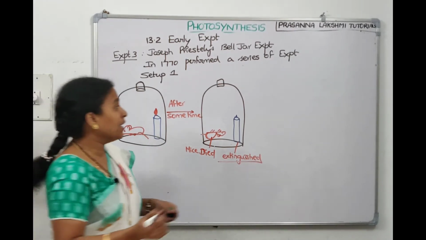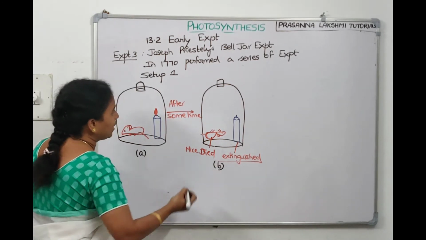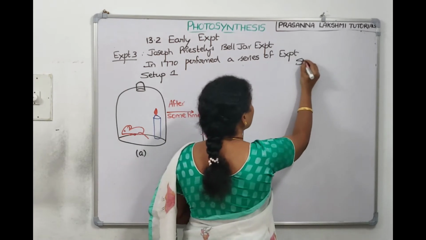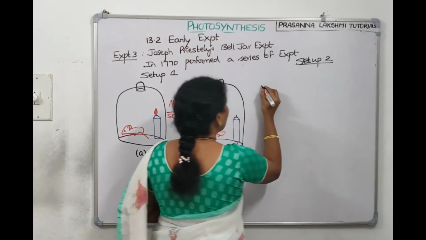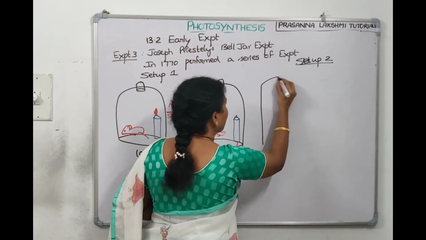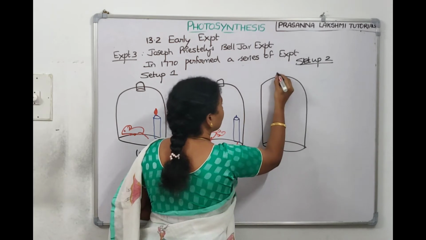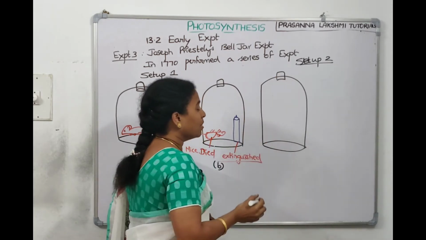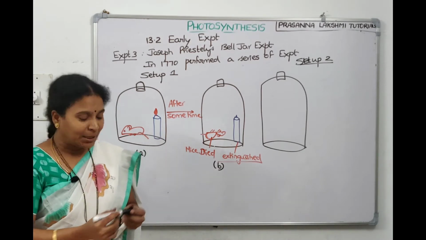Now the next setup he did, in NCERT, children, they have given it as A and B. Next, he has taken setup 2. In setup 2, again he has taken the same bell jar, but this time along with the burning candle and mice, he kept a mint plant.